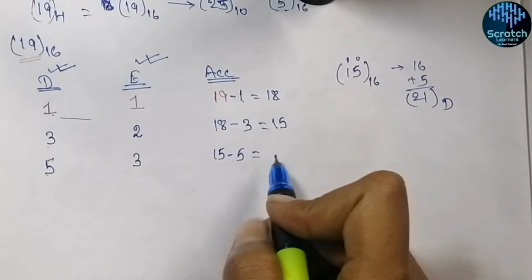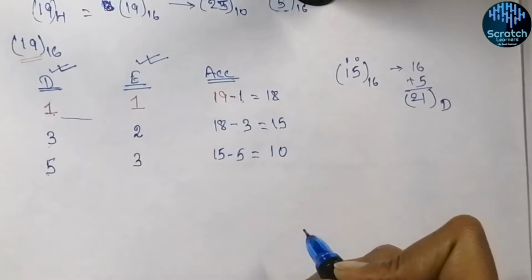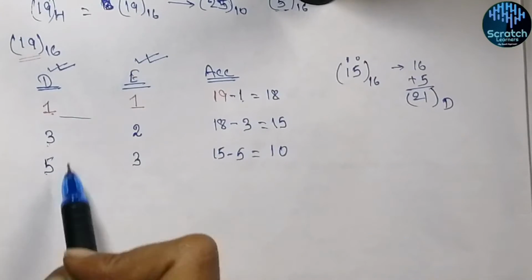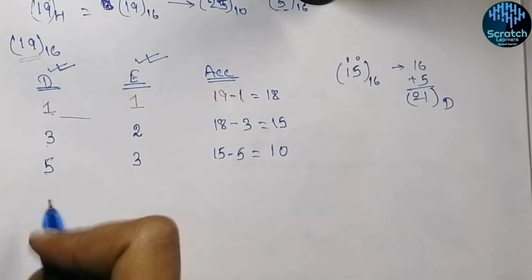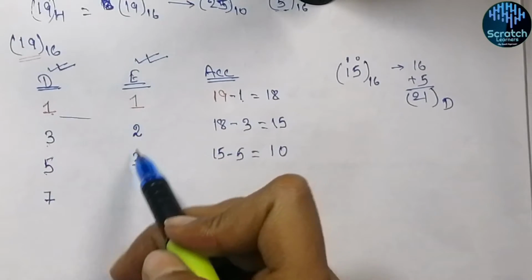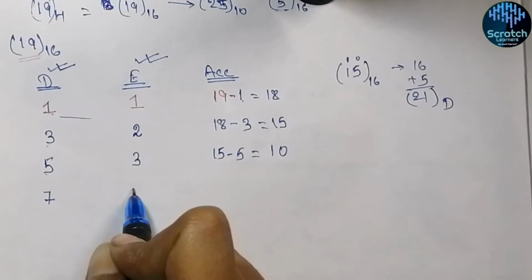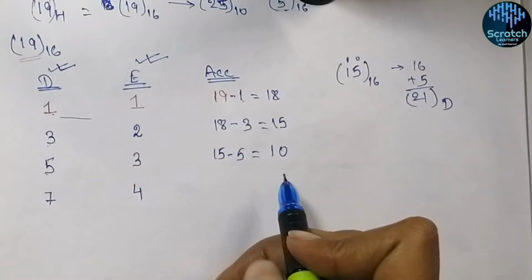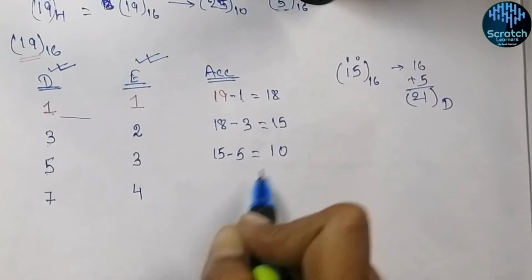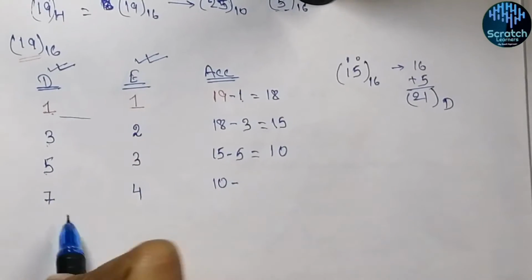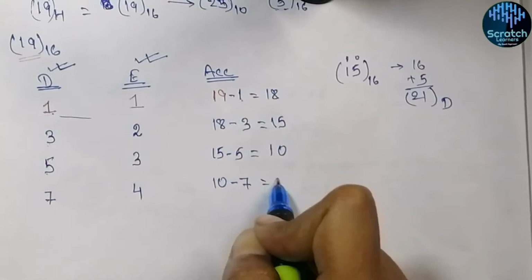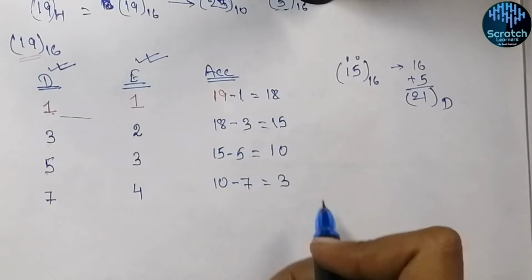So this 15 minus 5 will give 10. Now again increment the content of D by 2, so it will be 7, and increment the content of E by 1, so it will be 4. Now subtraction will be performed between 10 and 7.